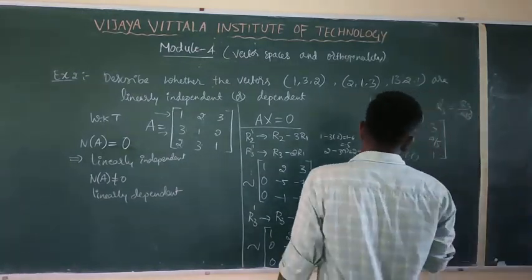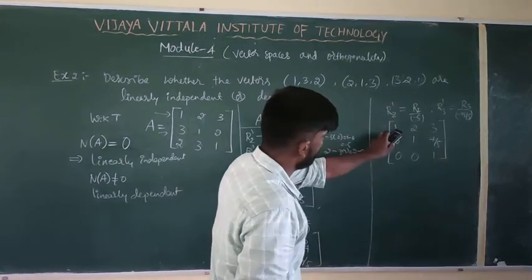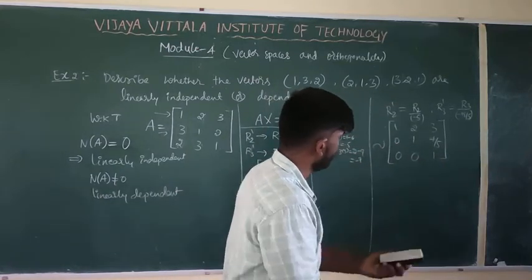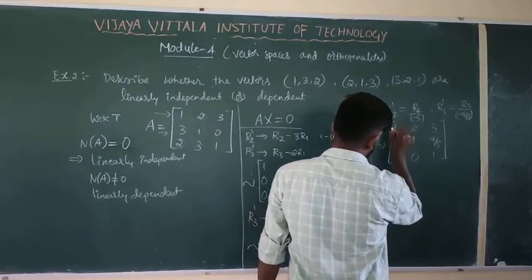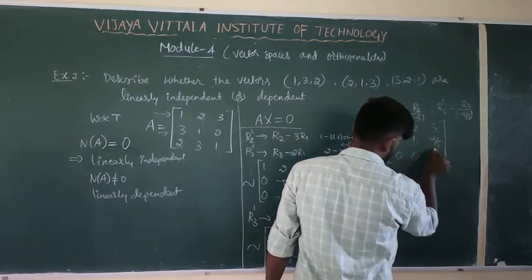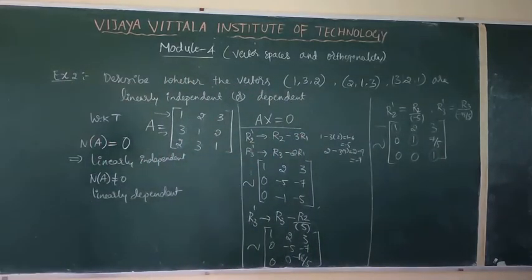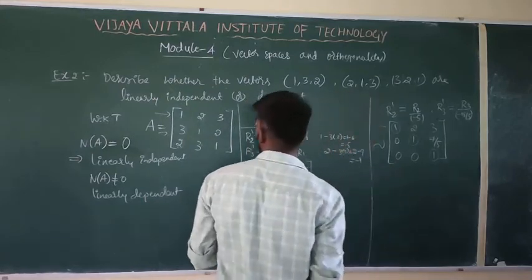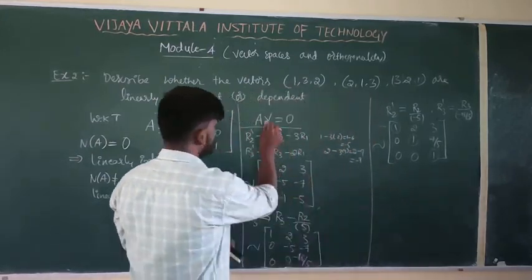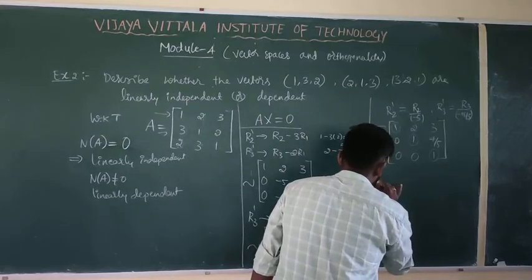Therefore, all columns have pivot elements. In the first row, 1 is the pivot element. In the second row, this is the pivot element. In the third row, this is the pivot element. Therefore, we multiply this matrix with this column vector matrix.